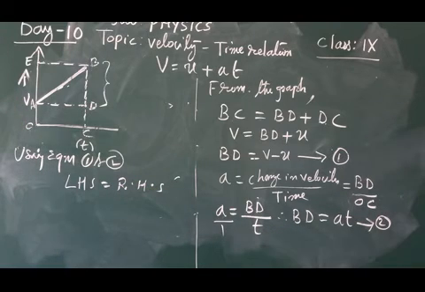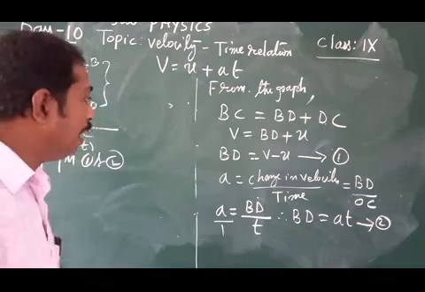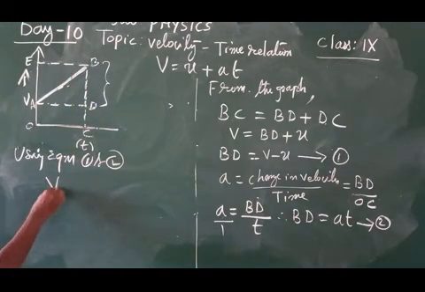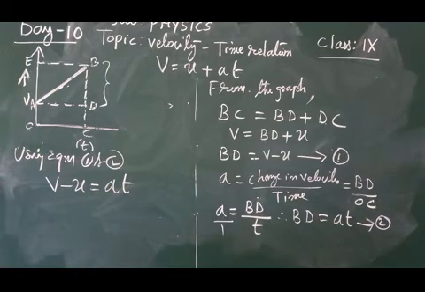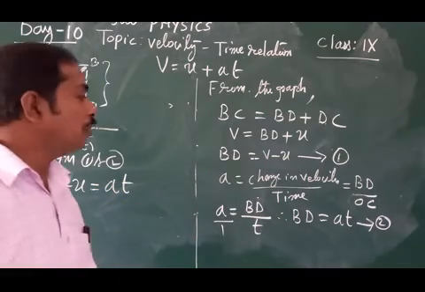Therefore, we can write V minus U equal to AT. What equation are we getting? V minus U equal to AT.